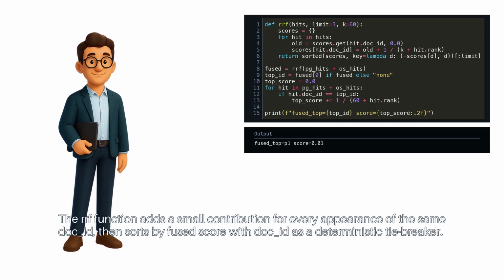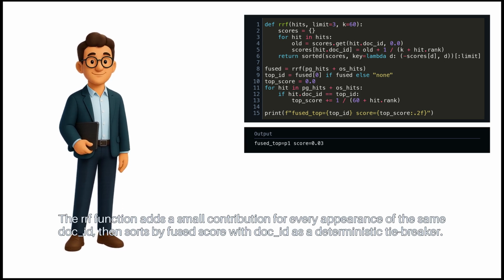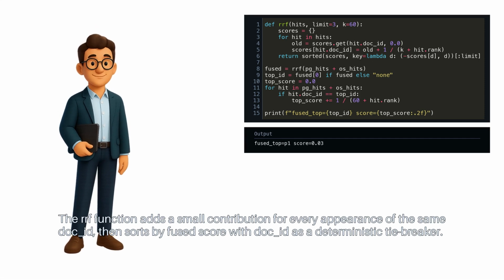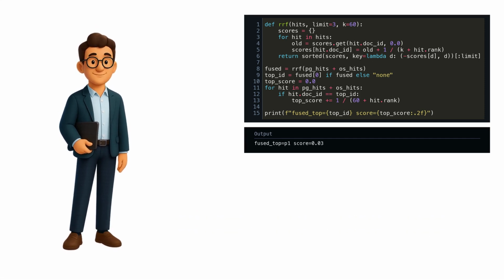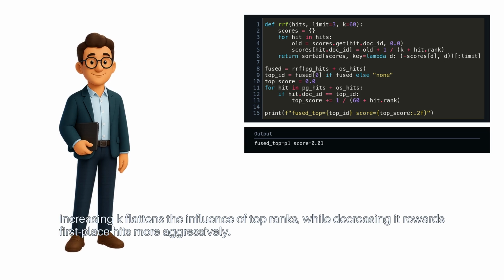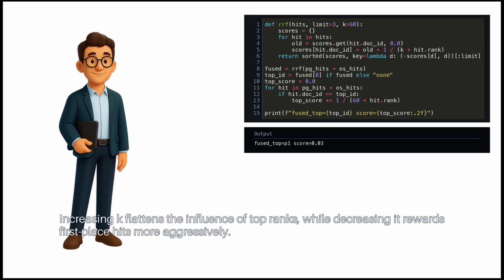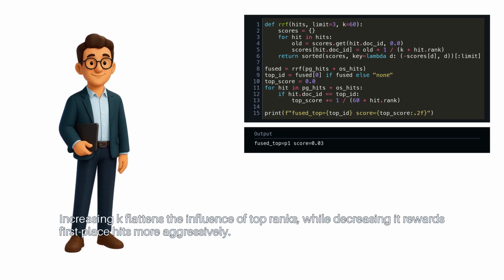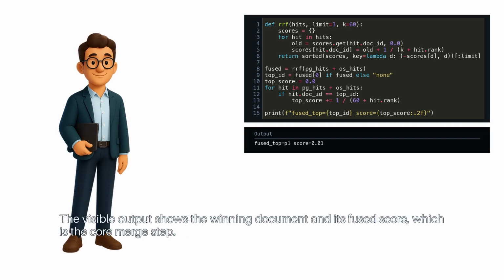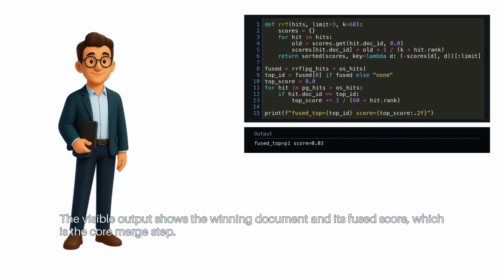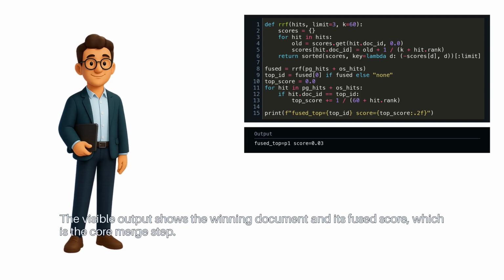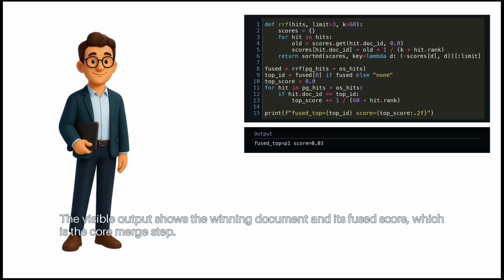The RRF function adds a small contribution for every appearance of the same doc ID, then sorts by fused score with doc ID as a deterministic tiebreaker. Increasing K flattens the influence of top ranks, while decreasing it rewards first-place hits more aggressively. The visible output shows the winning document and its fused score, which is the core merge step.